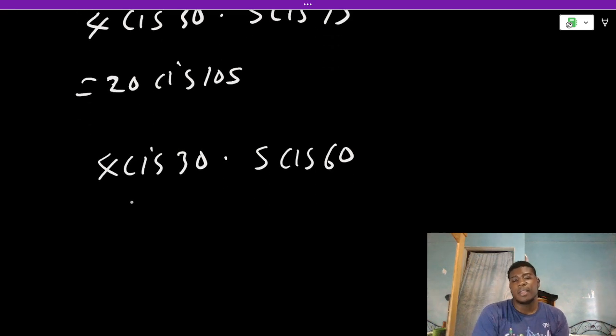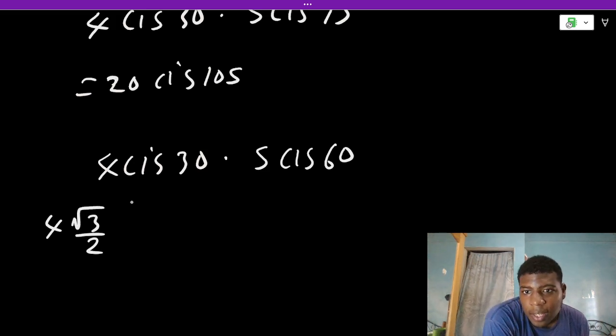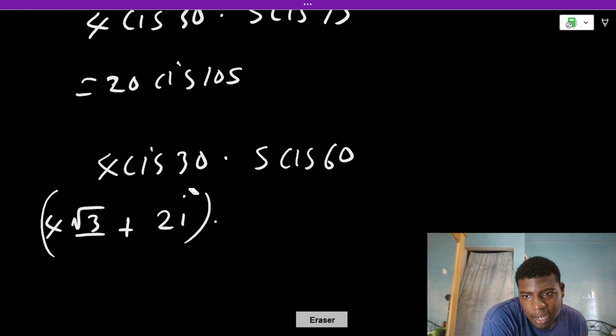Now this in the original form, that'll be 4 cos 30. So 4 cos 30 is root 3 on 2, and then plus i sin 30, so that'll be 4 sin 30, so that'll be 2i. Multiply. So this could cancel out, so you have yourself 2 root 3.